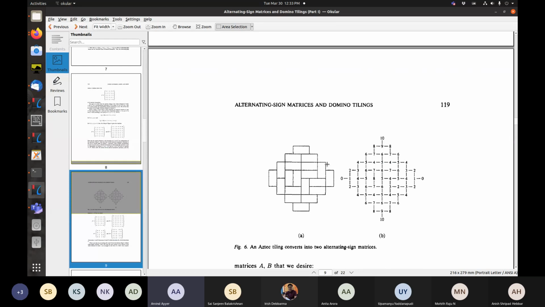This is the tiling corresponding to this height function. Okay. So look at any vertex here. Can you say what is the minimum and maximum number of dominoes any vertex is adjacent to by looking at this figure?